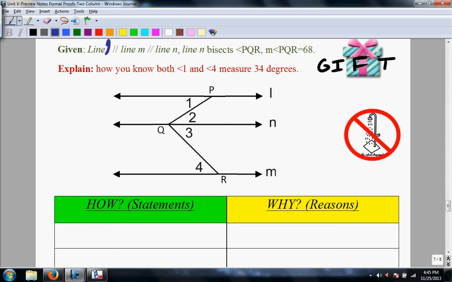Given, the fact that line L and M are parallel. So here's L, and here's M. Those are parallel, so I put arrow feathers there.